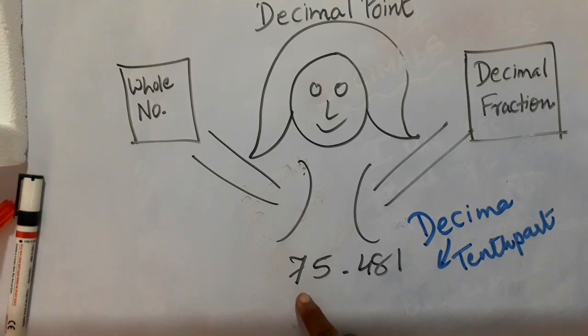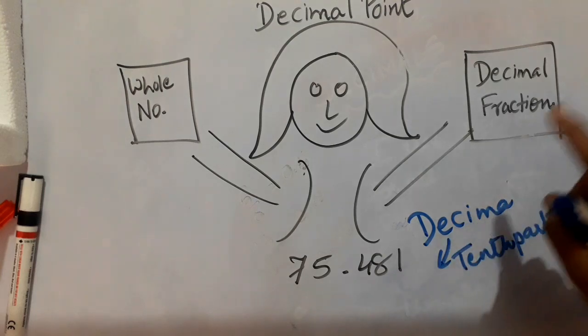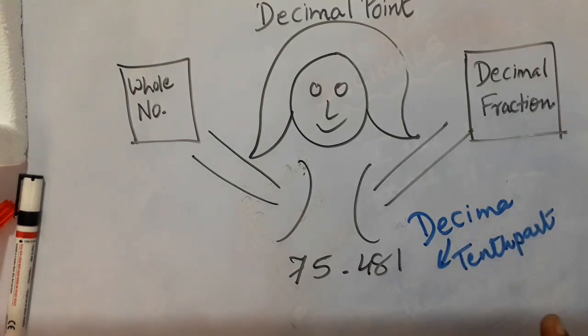So here, in 75.481, 75 is a whole number, whereas 0.481 is a decimal fraction. Remember that a decimal point separates a whole number from a decimal fraction.